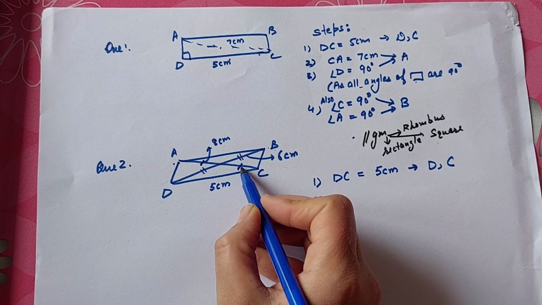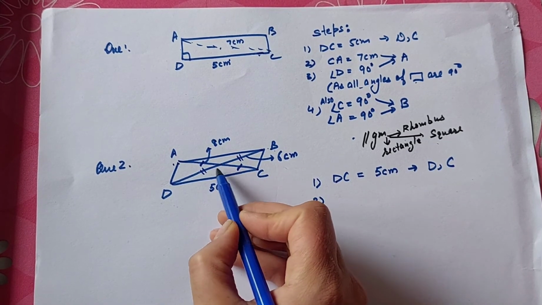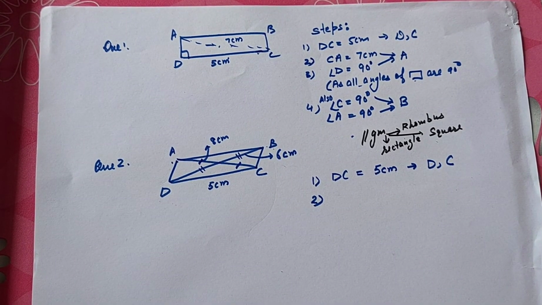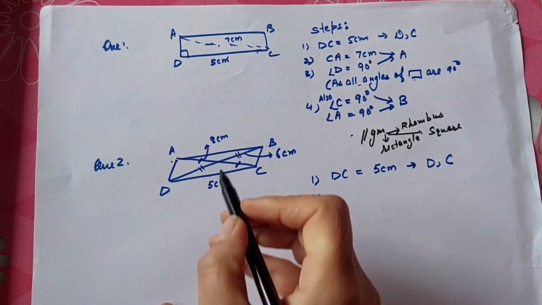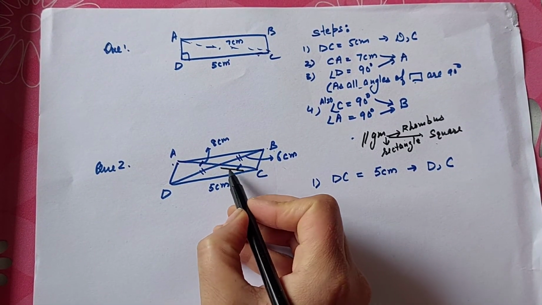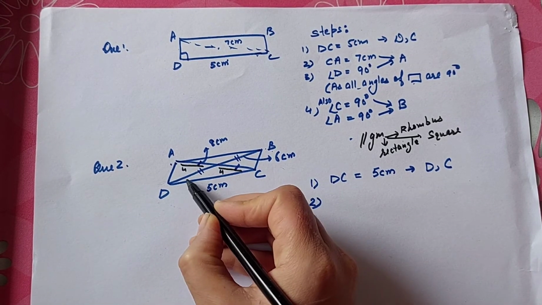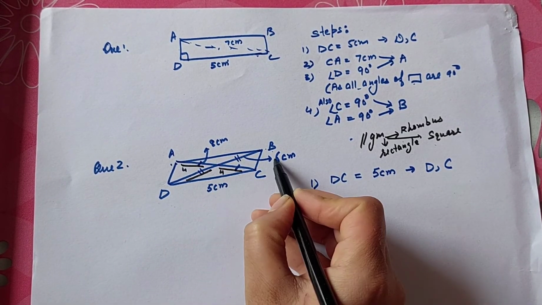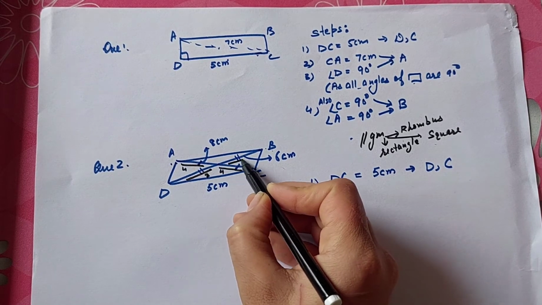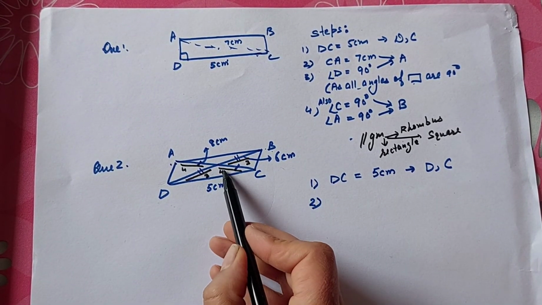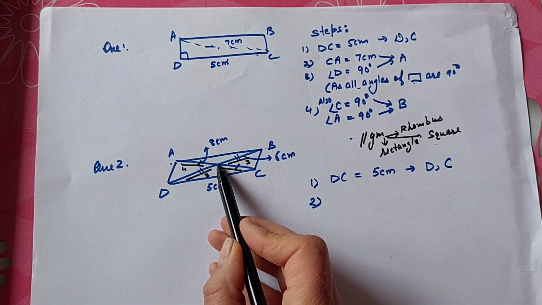Now we got to know the measure. What measure? This portion here is 4 and this is also 4, and because this is 6, this is 3 and this is also 3. Now we got 4 and 3, so we can reach here.